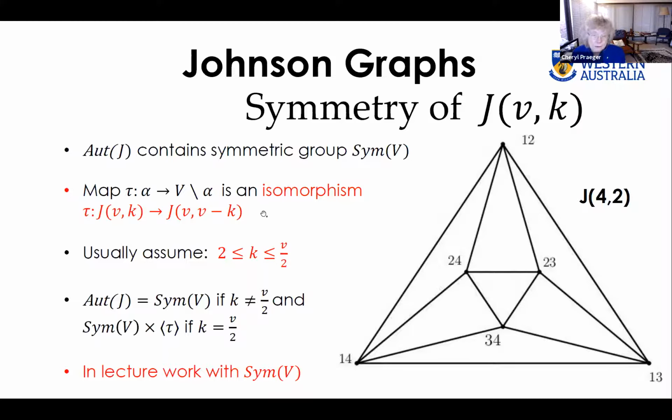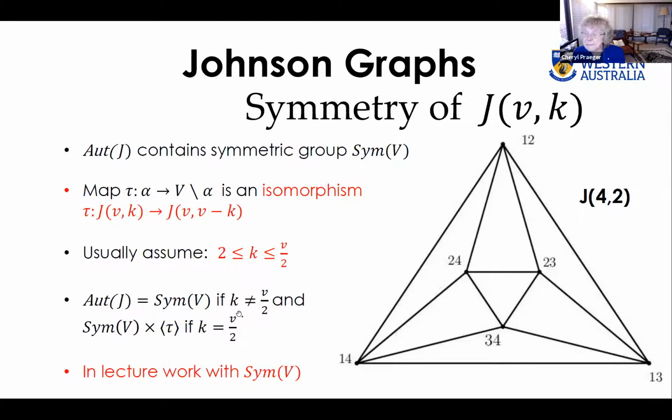Also, I could have defined the Johnson graph with K being 1, but in that case, the vertices would just be essentially the points of V, and I would be getting the complete graph. So I'm not really interested in that. So I'll assume that K is at least 2. In fact, the full automorphism group of the Johnson graph is usually just the symmetric group of permutations of V acting on K sets.